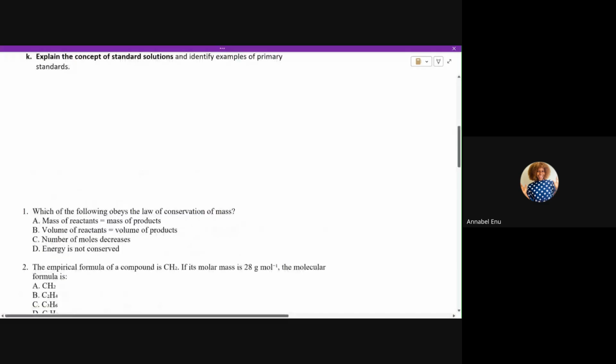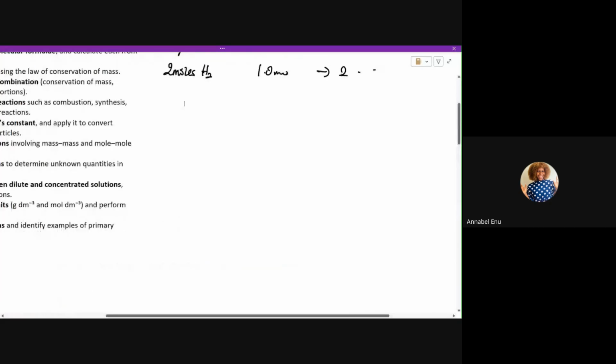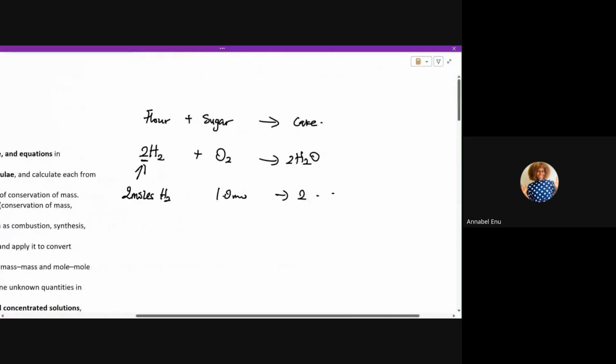Now when we talk about the law of conservation of mass, we are talking about how much of reactant will give us products. Just as in the example of water that I gave initially, when we see this equation, the elements we can pick out are hydrogen and oxygen.